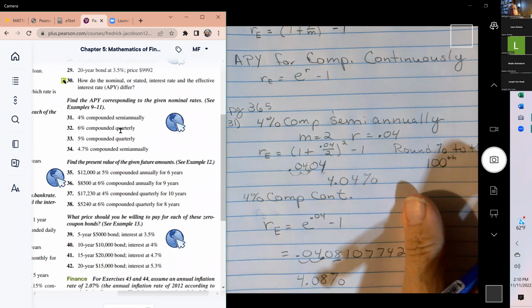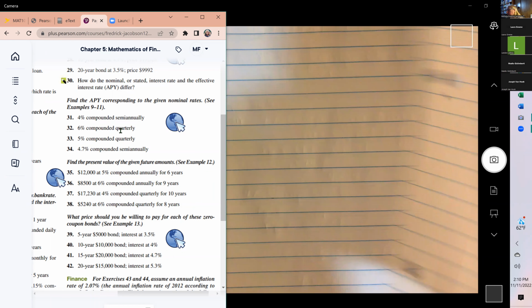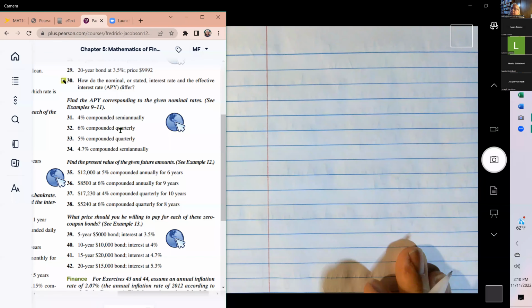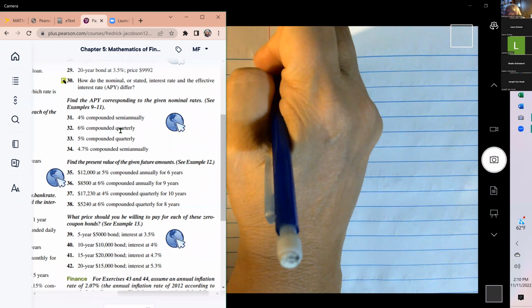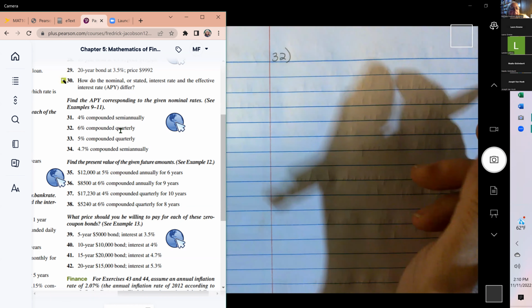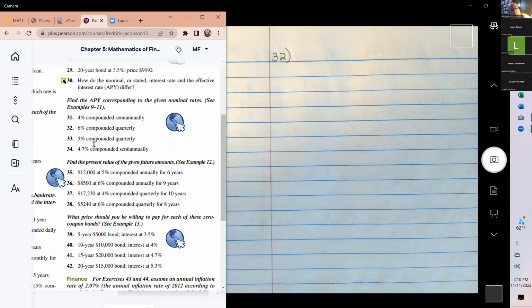Let's try number 32. So find the effective rate of 6.6% compounded quarterly and round it to the 100th.